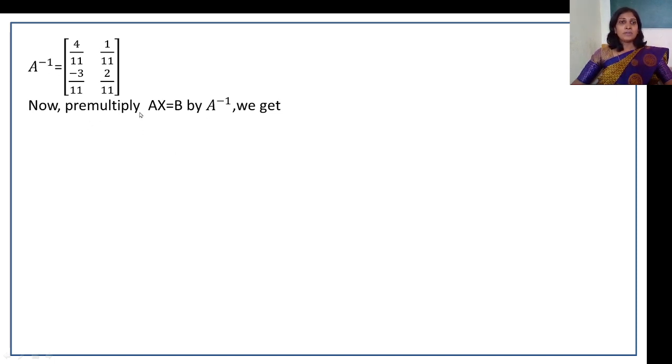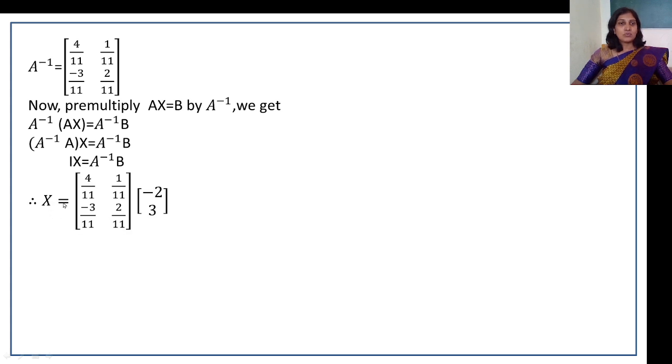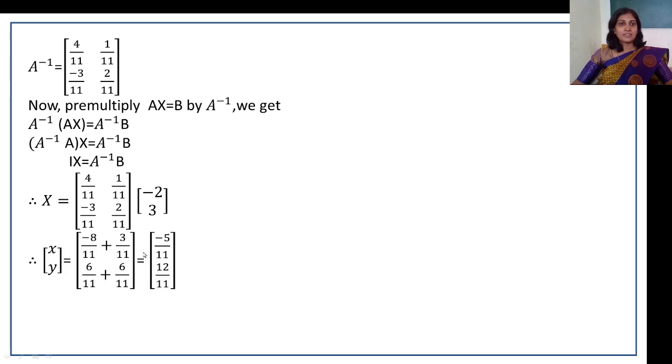Now pre-multiply AX is equal to B by A inverse. We get A inverse AX is equal to A inverse B. Then what is A inverse into A? This is I. So IX is equal to A inverse into B. So X is equal to, what is A inverse? This matrix is A inverse, we write here. B matrix is minus 2 by 3.